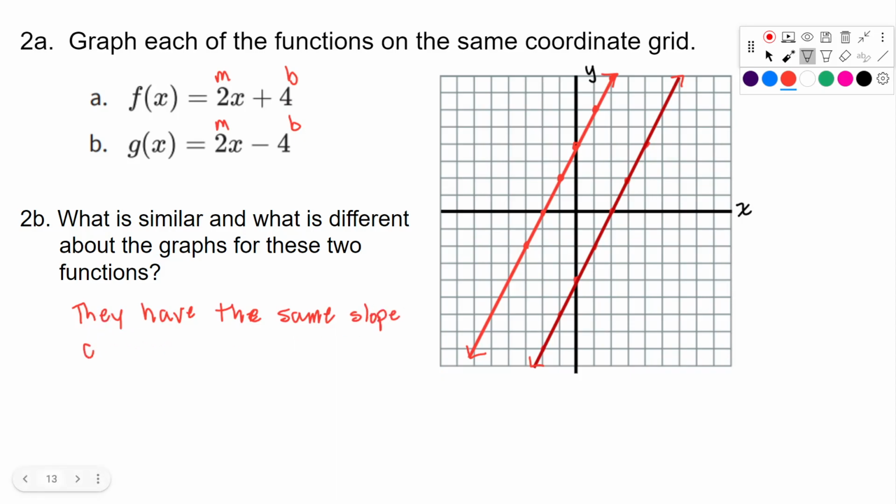And different y-intercepts. Because they have the same slope, we can say the lines are parallel.